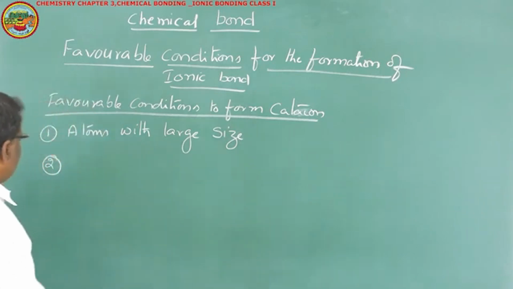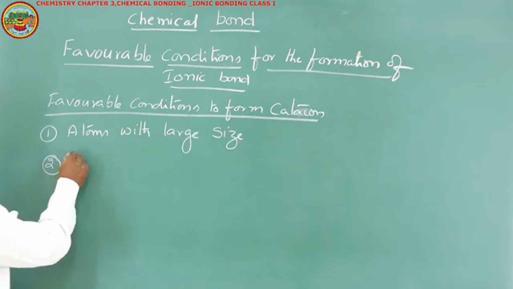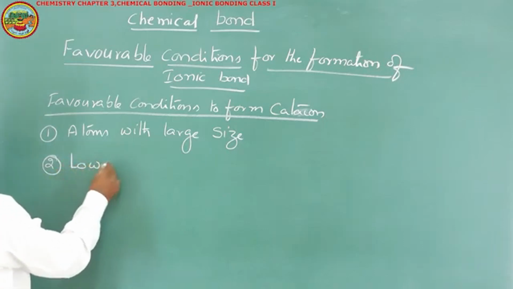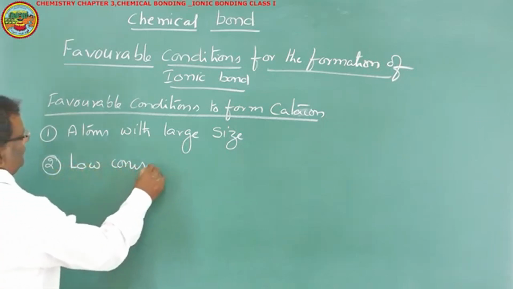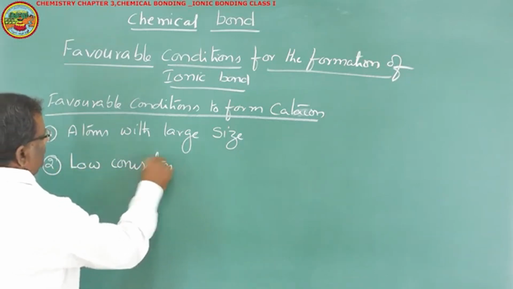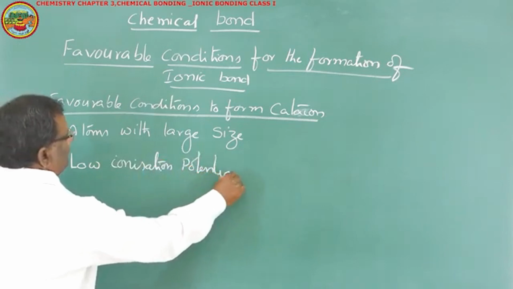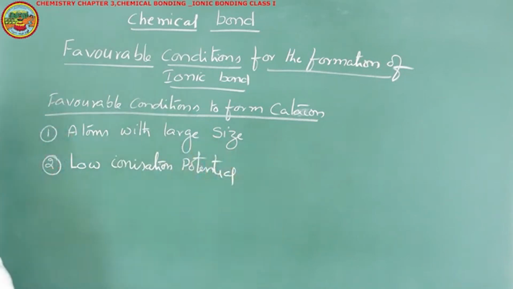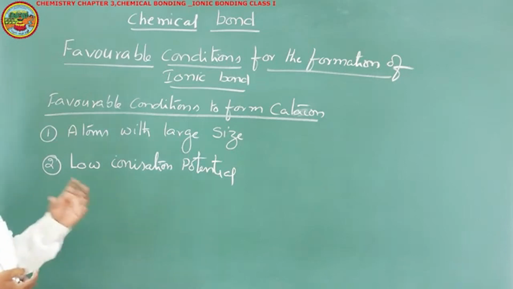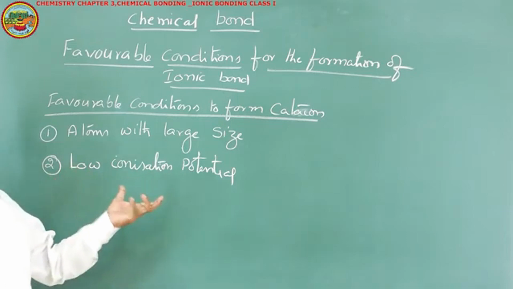so the elements with low ionization potential can easily form a cation. Similarly, less positive cations can easily be formed than more positive cations.